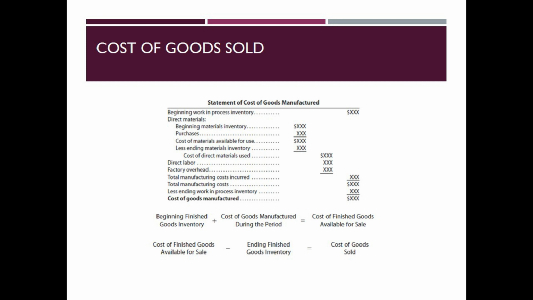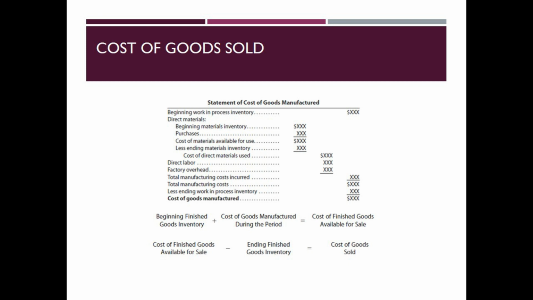Okay, so actually what I would be needing from you is a statement of cost of goods sold. So you just put it in your notebooks, in your notes. Again, all throughout the semester, what is important for me is the statement of cost of goods sold and not just the statement of cost of goods manufactured.